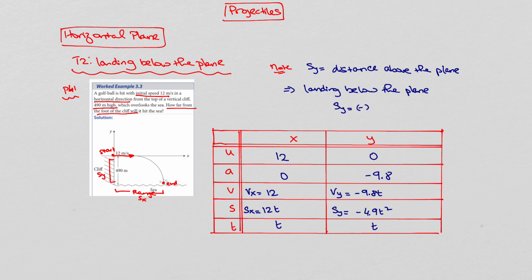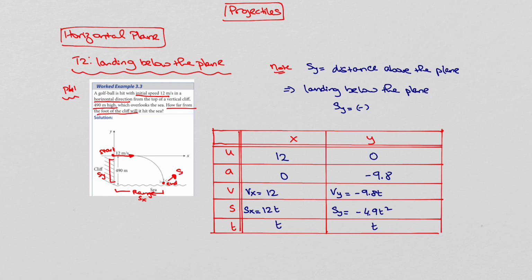Well, we're looking for how far from the foot of the cliff will it hit the sea. So that's Sx. So we can see here that's going to be 12t, but we don't know what the time is. So we need to know, well, what is the time for it to hit the ground? And therefore we need to look at where it is at the end. So normally at the end we'd say Sy is equal to 0. But it's not going to equal 0 in this case because it's landing below the plane.